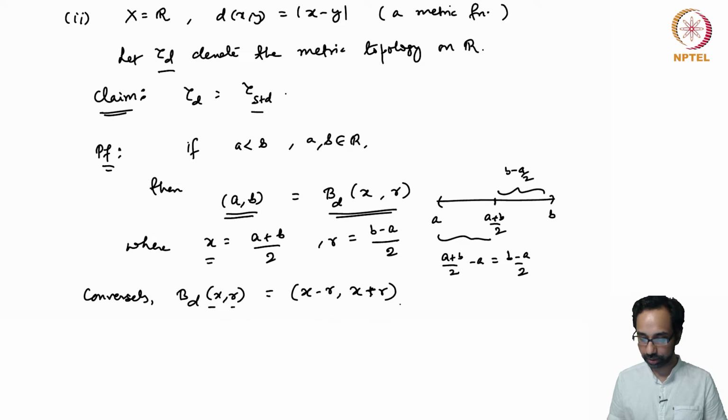So a basis in the standard topology is a basis in the metric topology, and vice versa, a basis in the metric topology is a basis in the standard topology. This implies that tau D is equal to tau standard.